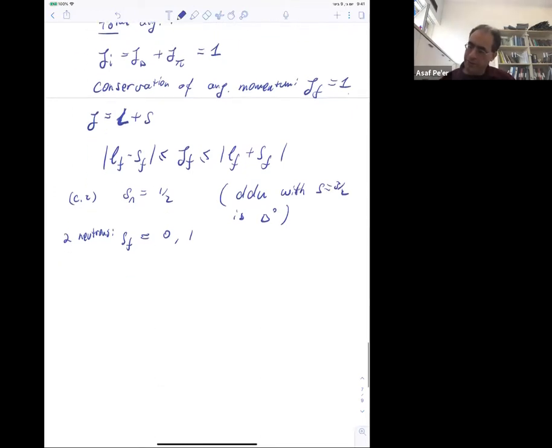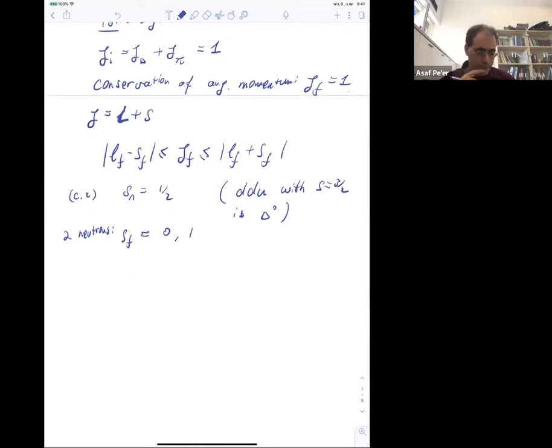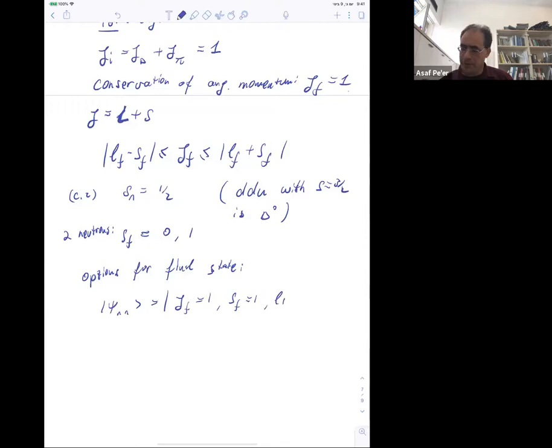So the options we have for the final states, psi and n, are these. We know that J final is 1. S final can be 1, but in that case, L final can be either 0 or 2.